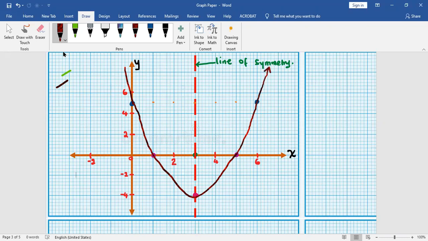We use arrows like this one to show that the curve continues without ending. It goes up.